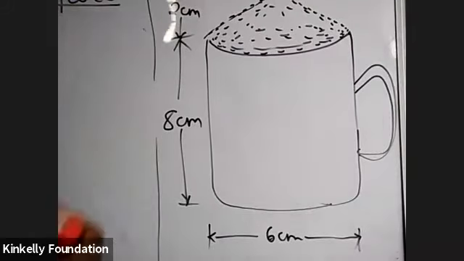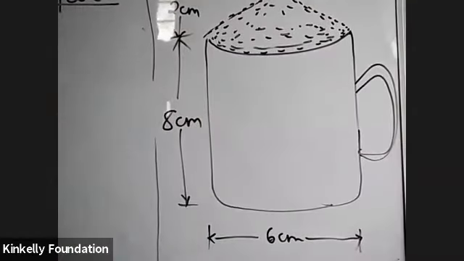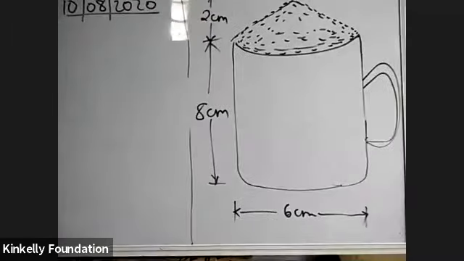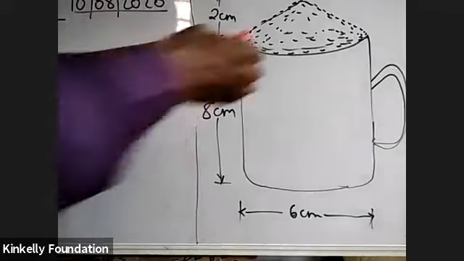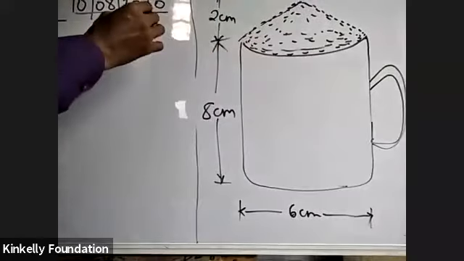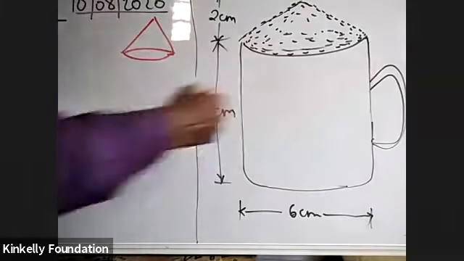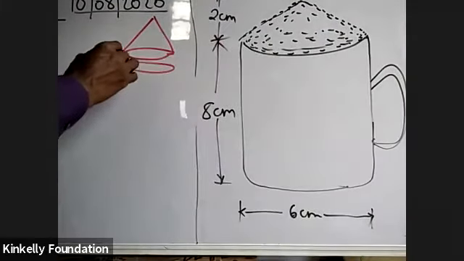Given this problem, we notice that the top part of this is a cone, and the down part of it is a cylinder.